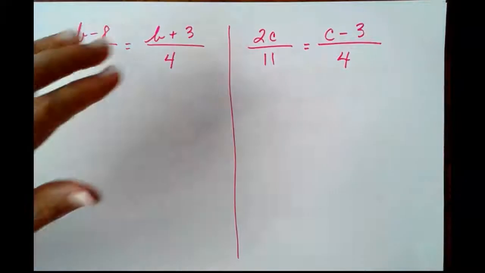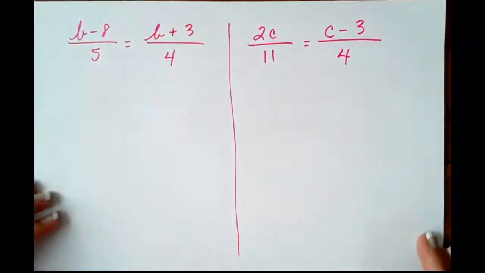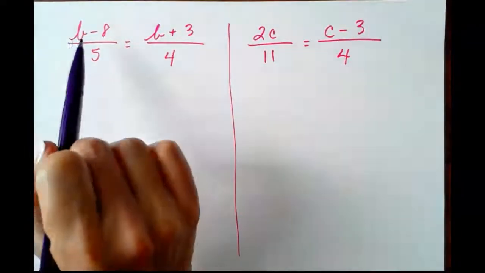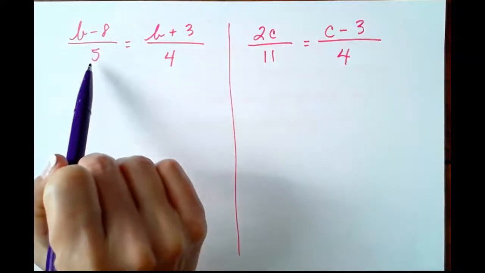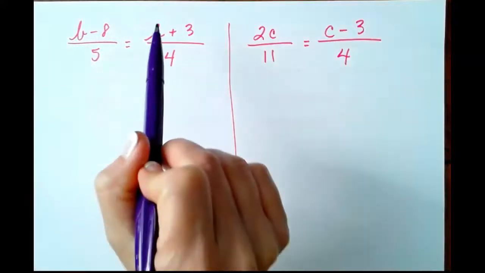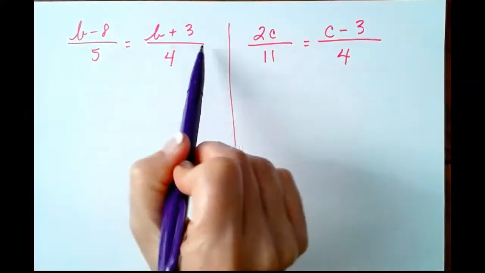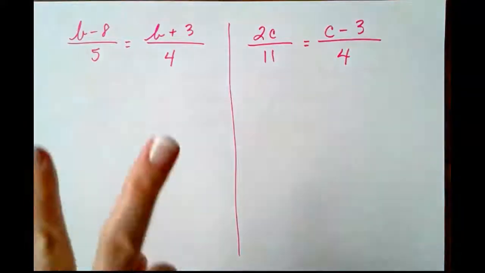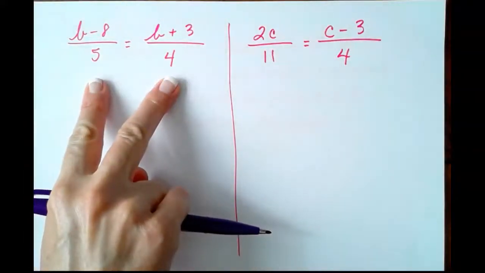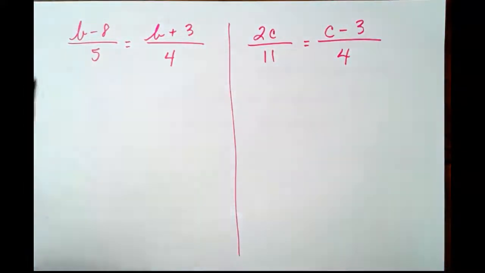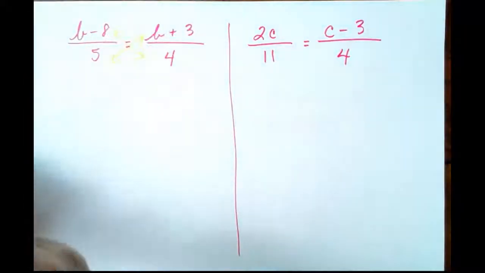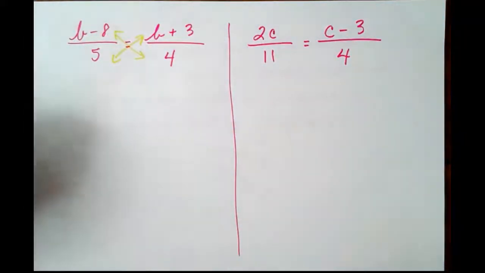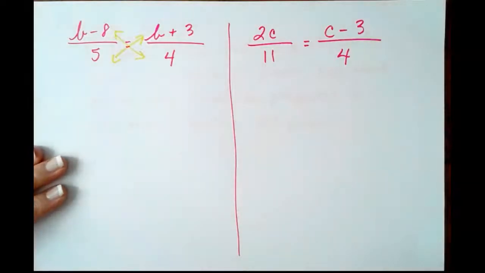Now, here we have some algebraic expressions to consider. And we have b minus 8 over 5 equals b plus 3 over 4. When two fractions are set equal to each other, we're going to cross multiply over that equal sign and set the cross products equal to each other.